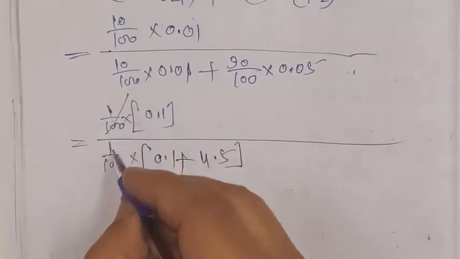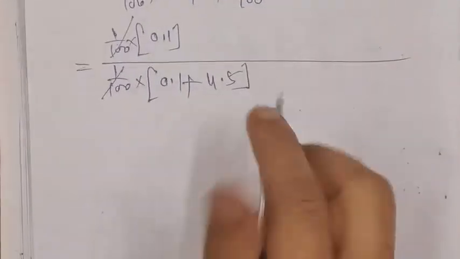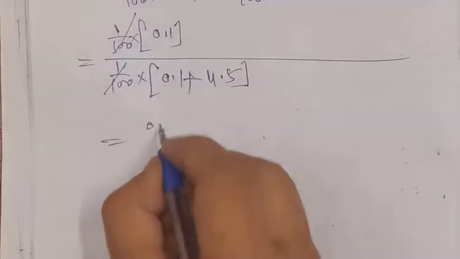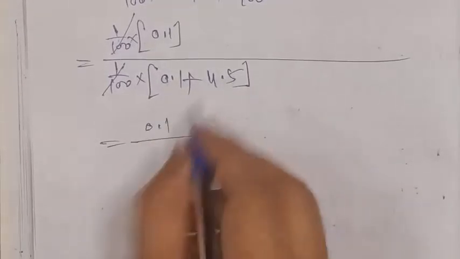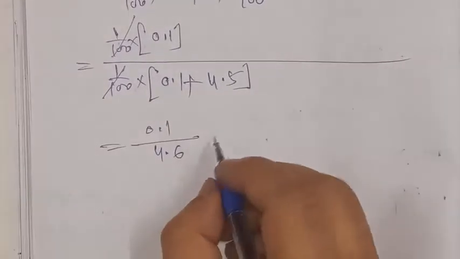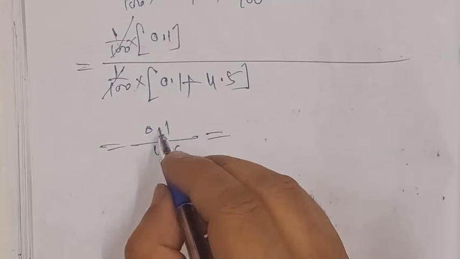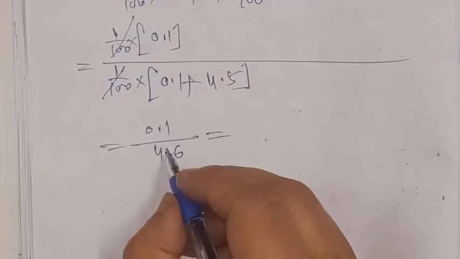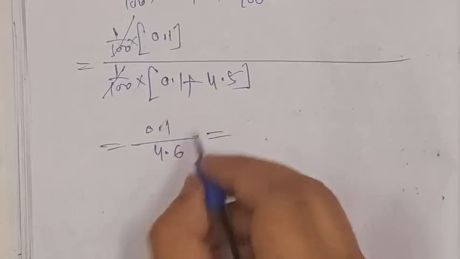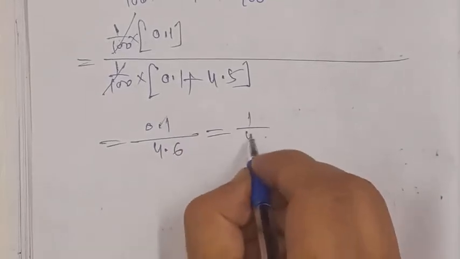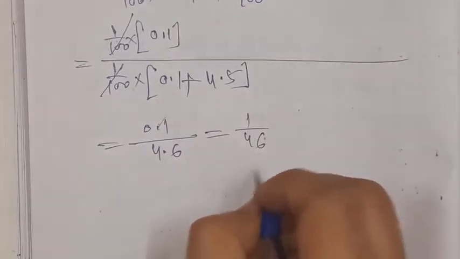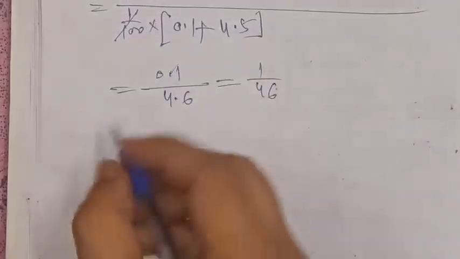Cancelling 1 upon 100 from numerator and denominator, we get 0.1 upon, on adding, 4.6. Now we can terminate the point here and here, and we get 1 upon 46. This is the required probability for section A.